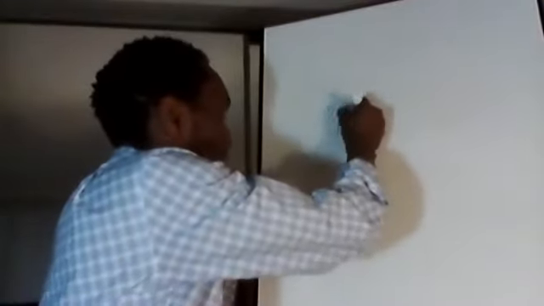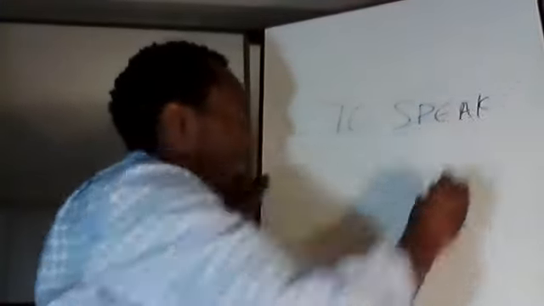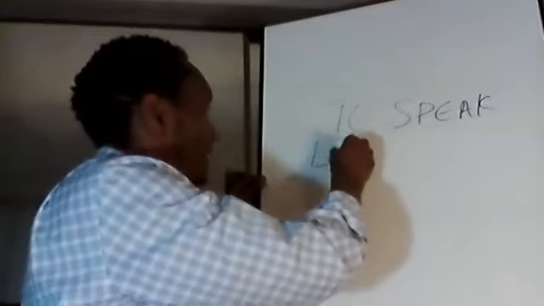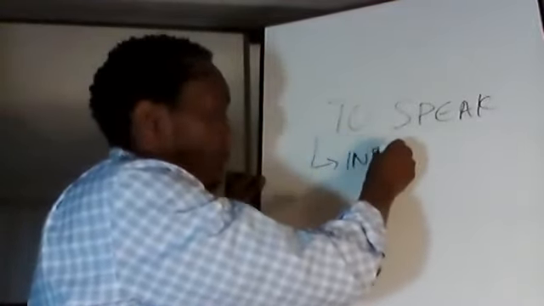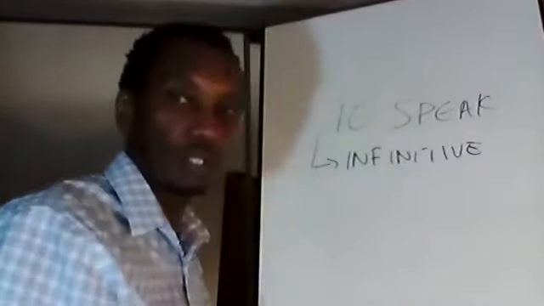A verb in its infinitive form means that it has yet to be broken down. Let me illustrate in English. For example, the verb to speak. It's in infinitive form, meaning it has not been broken down.